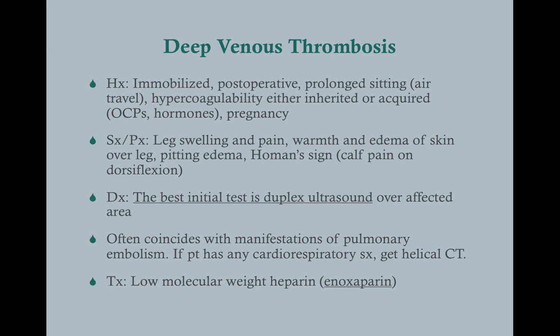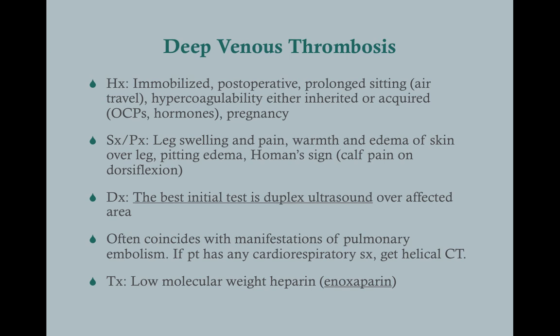Now, oftentimes DVT coincides with manifestation of pulmonary embolism, so it's very important in any patient with DVT to assess them for those cardiorespiratory signs. If they have any cardiorespiratory signs while they're having DVT, it's very important to get a helical CT, which is the test of choice in really diagnosing pulmonary embolism. We'll talk about that, specifically how to diagnose PE, later on.